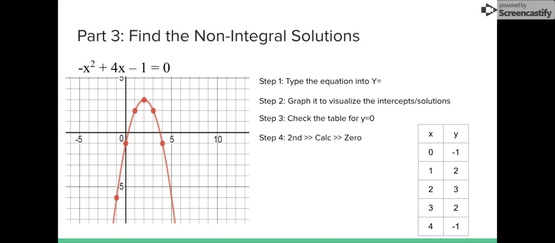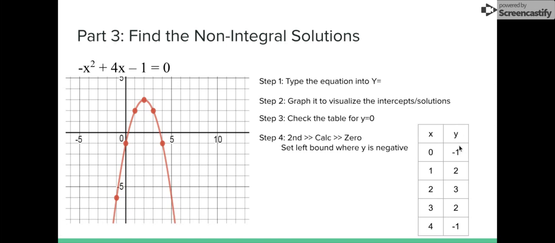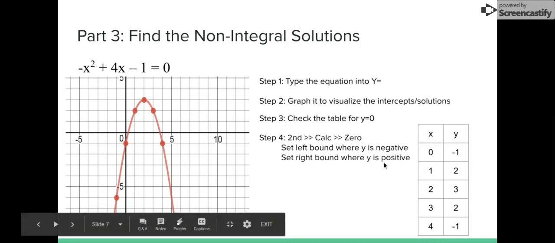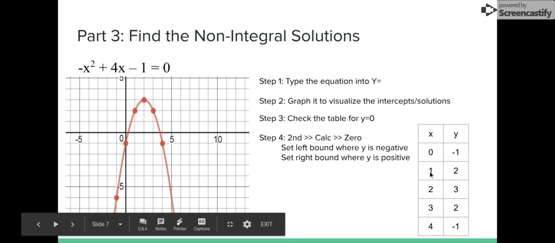You press second calc 0, and then it's going to ask for your left bound. You set your left bound to be where y is negative. And so if we look back over here at our table, the y value was negative when x was 0. So you would type in 0 and press enter. And then you want to see where the right bound is. Set the right bound where y is positive, and that occurred when y became 2.